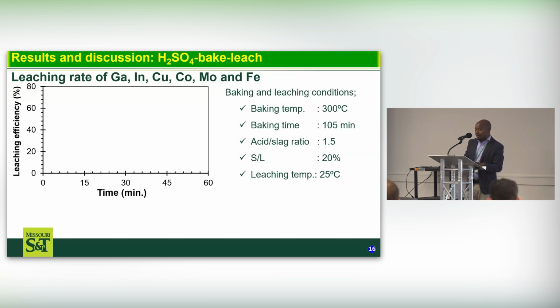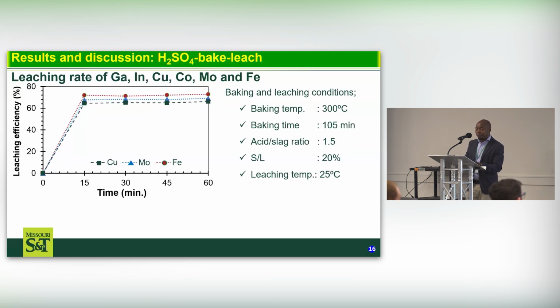The baking condition and leaching condition are as shown here. So what we found when we did baking is that we were leaching around 71% of iron into solution. Molybdenum was around 76% going into solution.